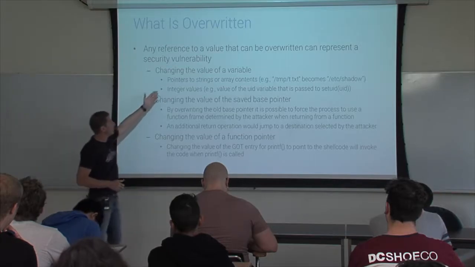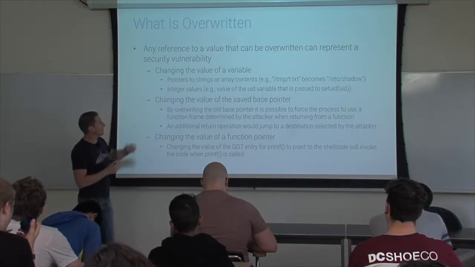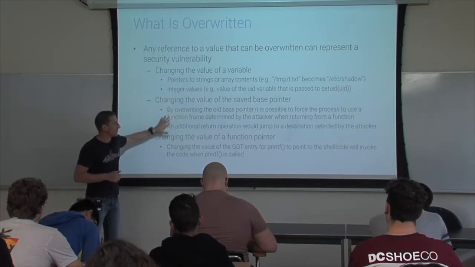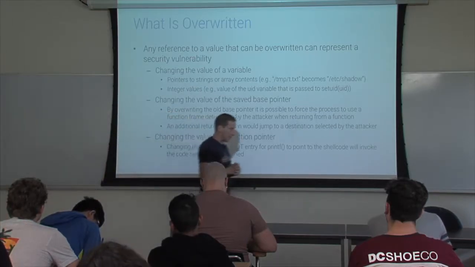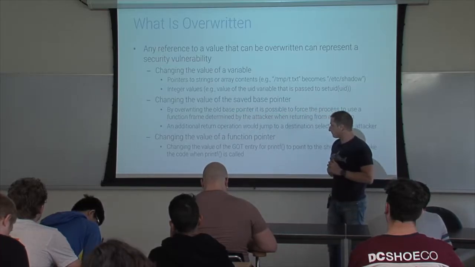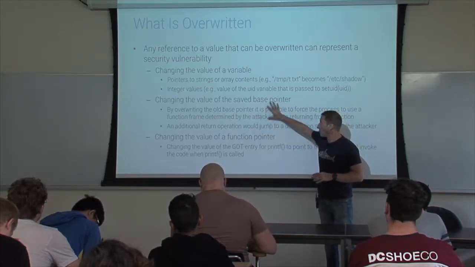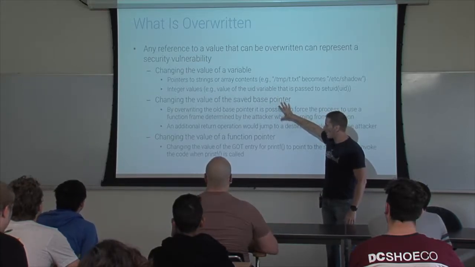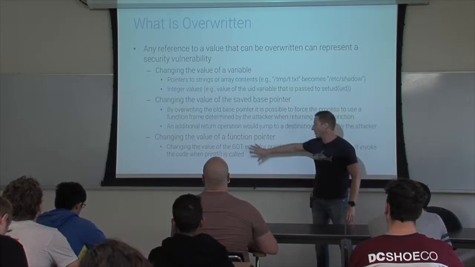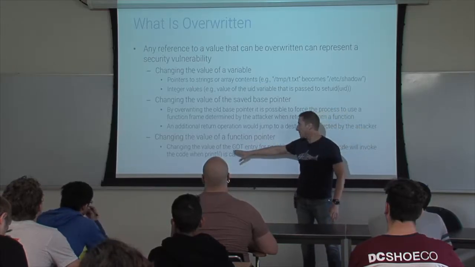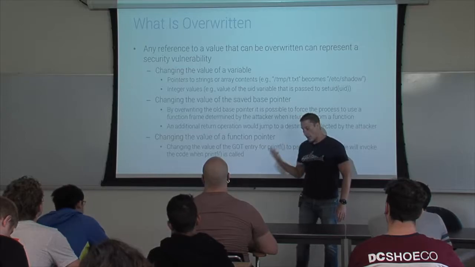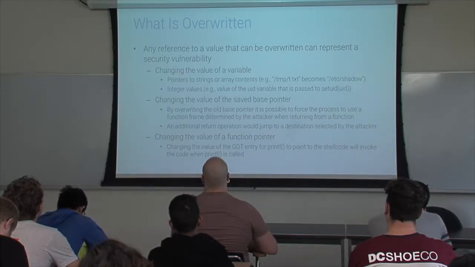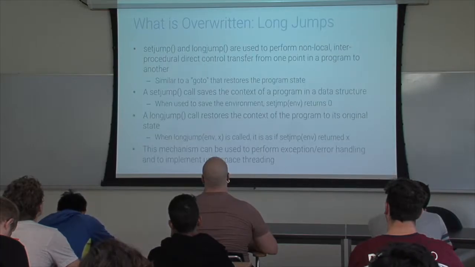We looked at examples of pointers to strings, integer variables, and we will see in more detail how you can manipulate the base pointer in order to get whatever code you want executed. And of course, the value of a function pointer, especially in the GOT or in the detours, can allow you to execute arbitrary code.